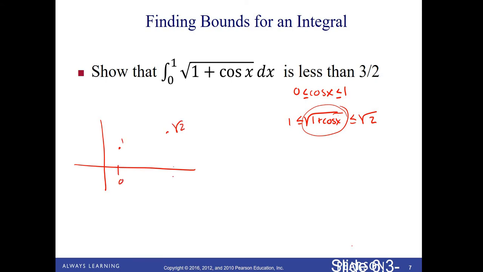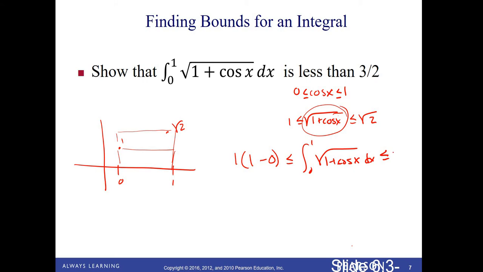The distance is from 0 to 1, so 1 times (1 minus 0) has to be less than or equal to the integral, which has to be less than or equal to a rectangle formed up here, which is root 2 times (1 minus 0).